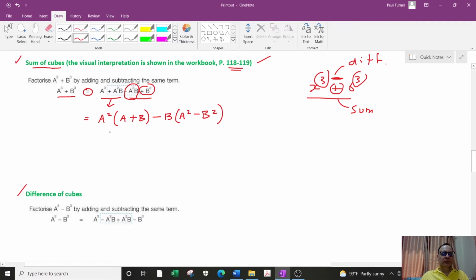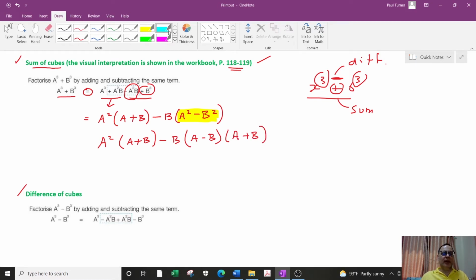So we can note here we have difference of squares. So we can factorize this. So I've got a squared, a plus b, minus b. Now a squared minus b squared, as we know, is a minus b, a plus b.